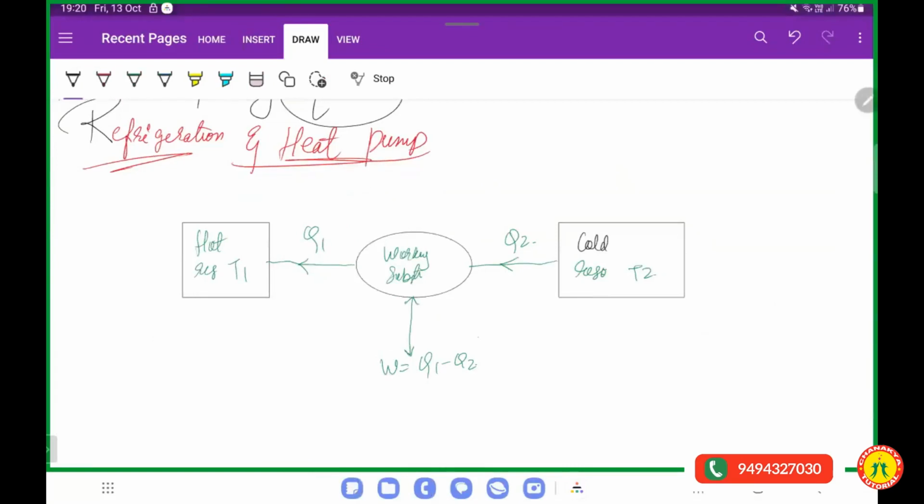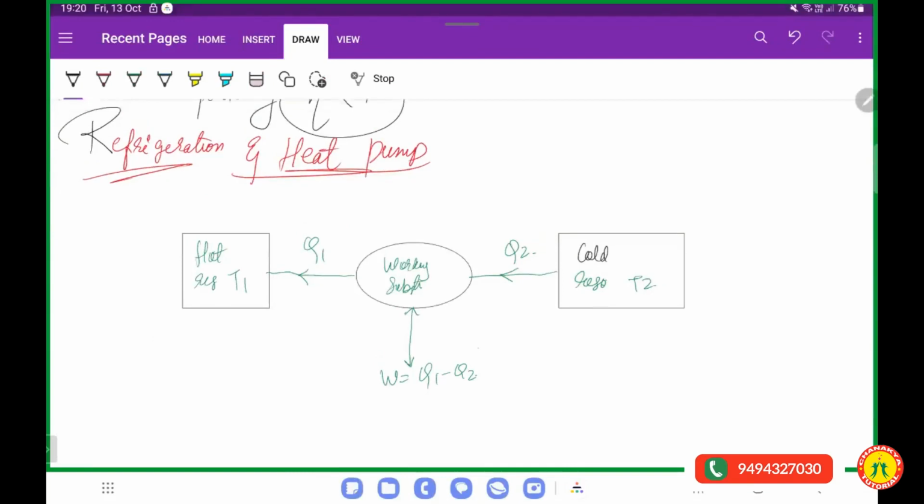Let's write a few points about it. What can we write here?